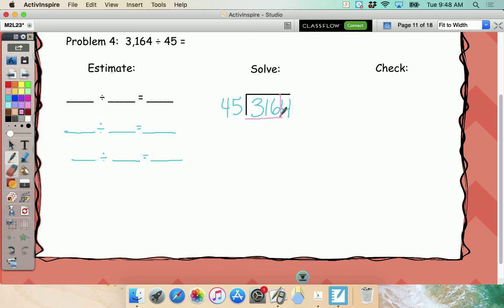Very good. 31 is too small. What should I round this to? 50. I don't want to skip count by 45s all the way to 316. That's just going to be too difficult. I'd rather skip count by 5s. And then guess. Yes.